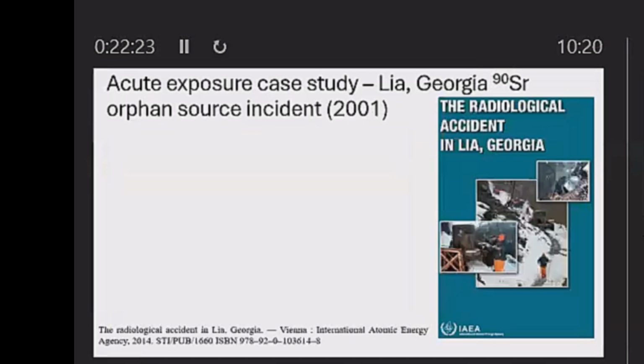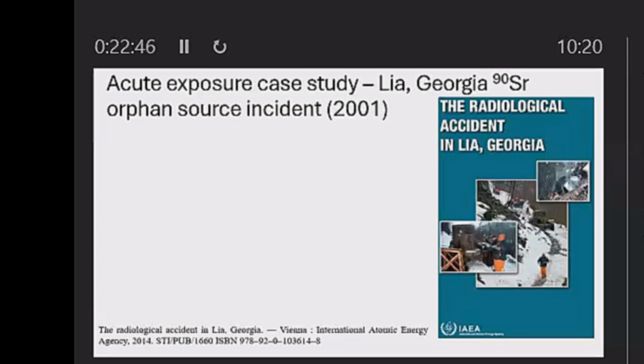Okay, to really go into acute, we're going to do a case study, the orphan source. We talked about orphan sources. This is the Lia, Georgia orphan source incident from 2001. I chose this because I thought there might be some experts in here, and maybe some of you haven't seen this one.